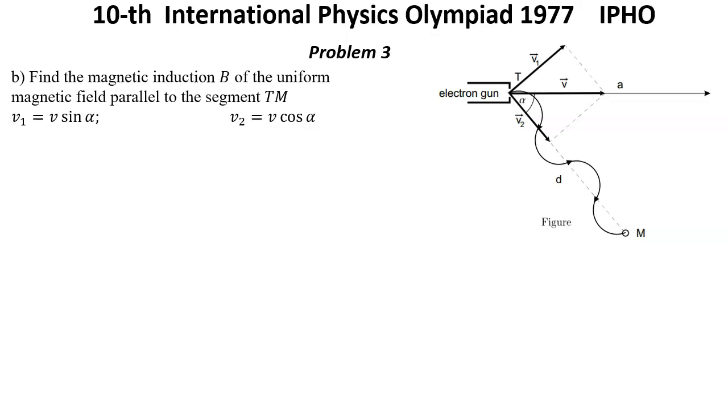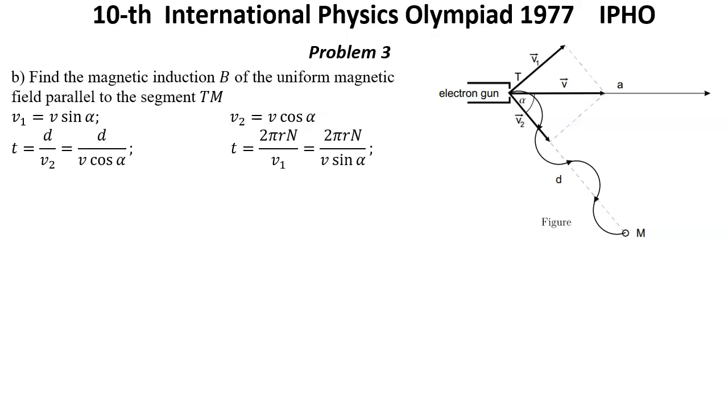From one hand we have total time t equal to distance d over v2, which is d over v cosine alpha, and the same time t equals 2 pi r multiplied by the number of rotations divided by v1, which is 2 pi r n over v sine alpha.